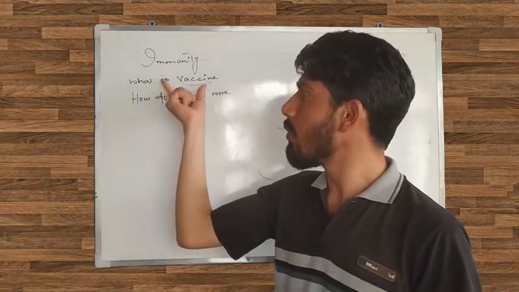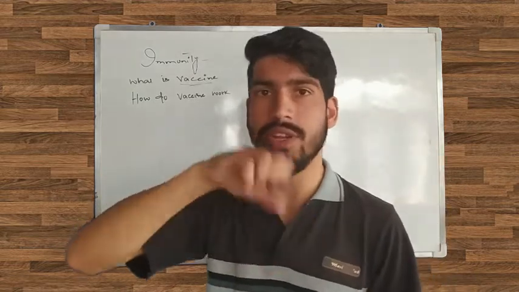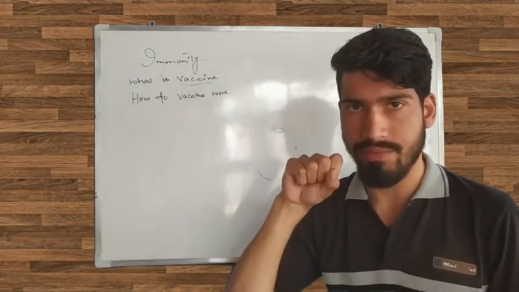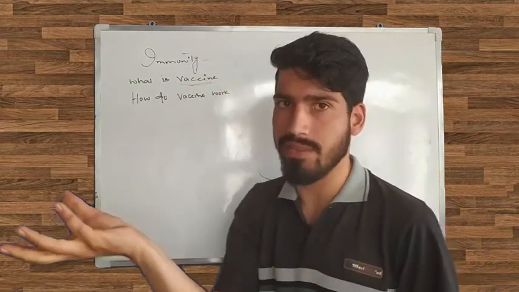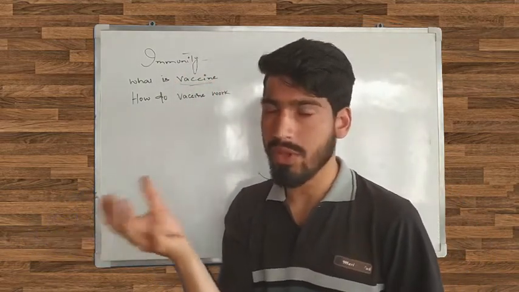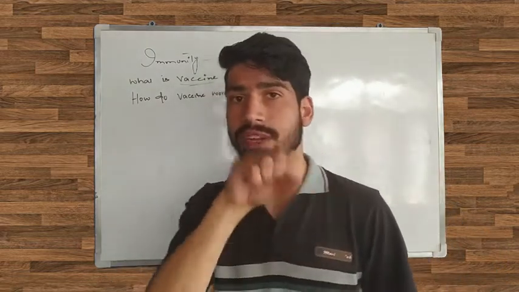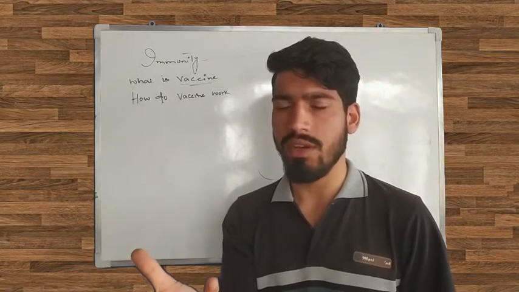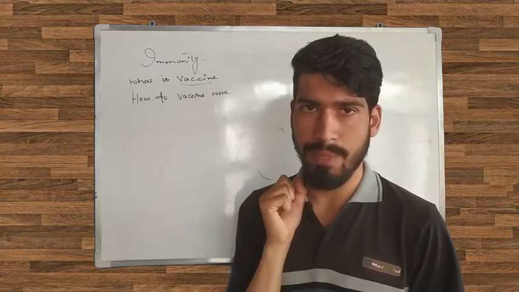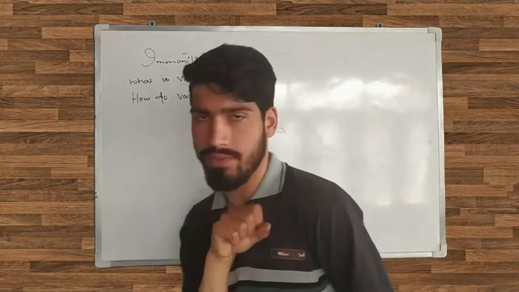That's called the vaccine. It's used for stimulating the immune system. That's why we make the vaccine and inject it. So we define it as a substance or material used to stimulate the immune system to produce specific antibodies.